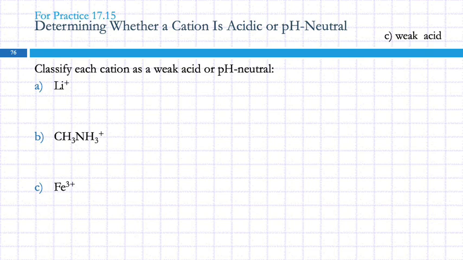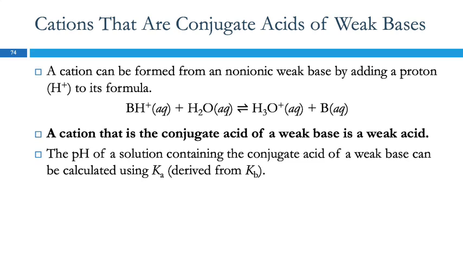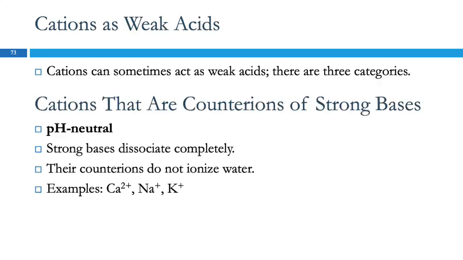Classify each cation as a weak acid or pH neutral. So we want to think about, what would the conjugate base of this be? Actually, let me rephrase that, because the way they said it here is better: the counterion of a strong base. When we think of it that way, we don't end up with weird-looking things like NaH2+.